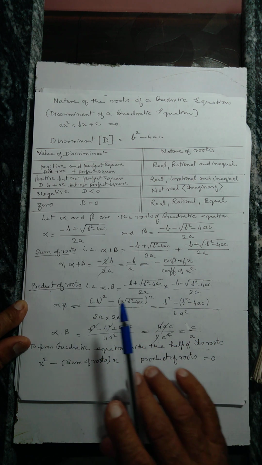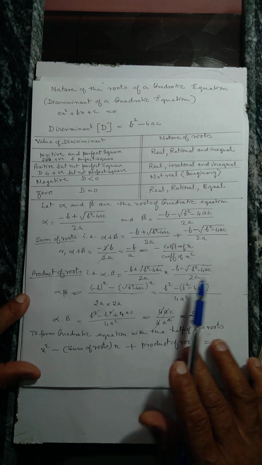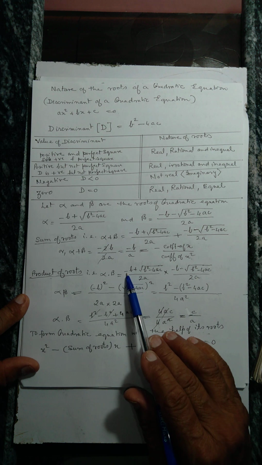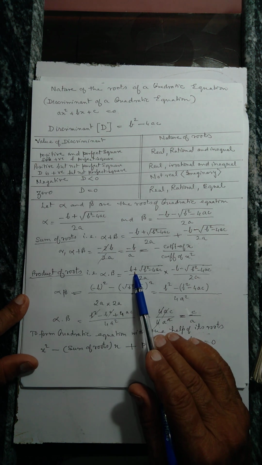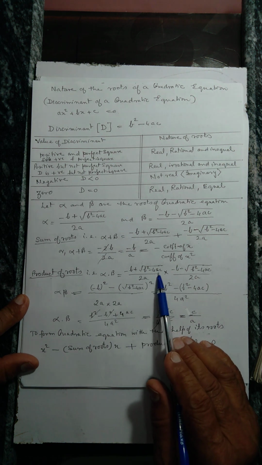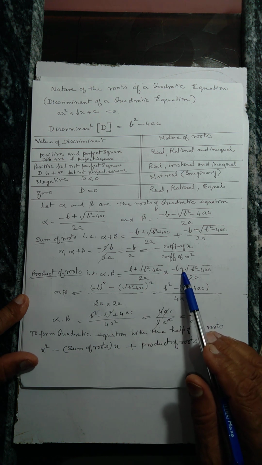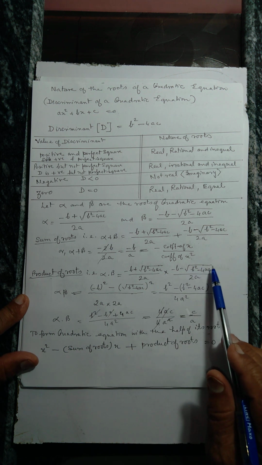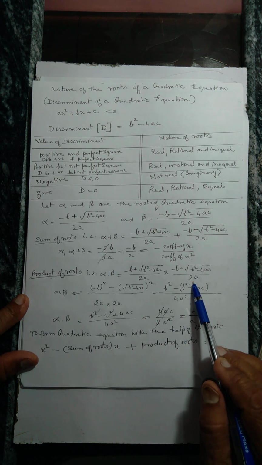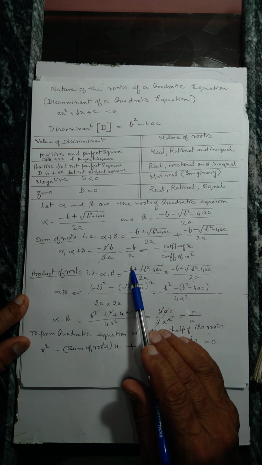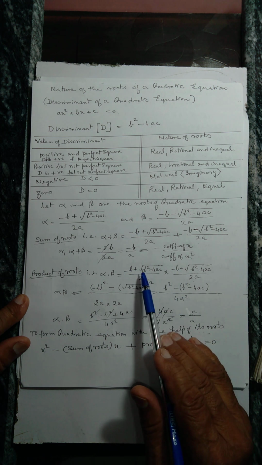Now come to the product of the roots. Alpha into beta means, what is alpha? That is minus b plus root b square minus 4ac upon 2a into minus b minus root b square minus 4ac by 2a. So multiply it, you see, it is minus b here, it is minus b here.